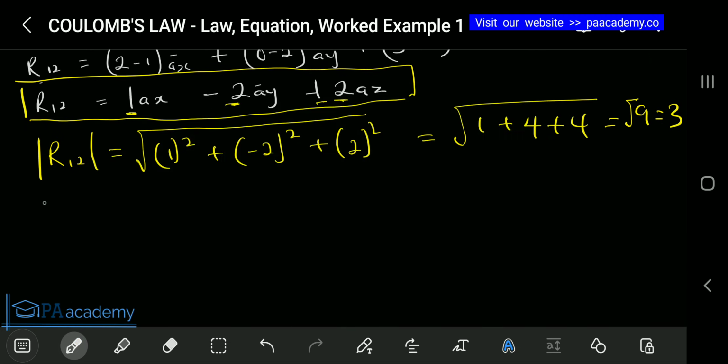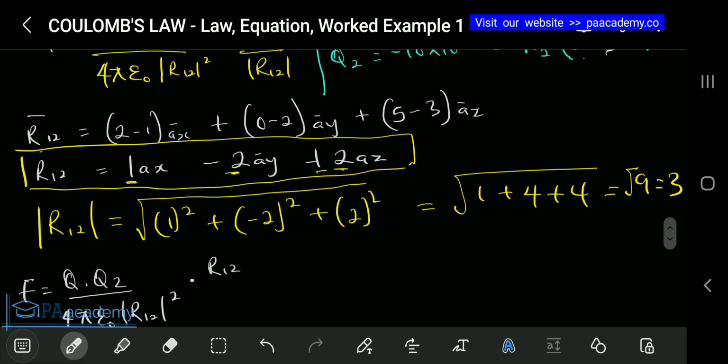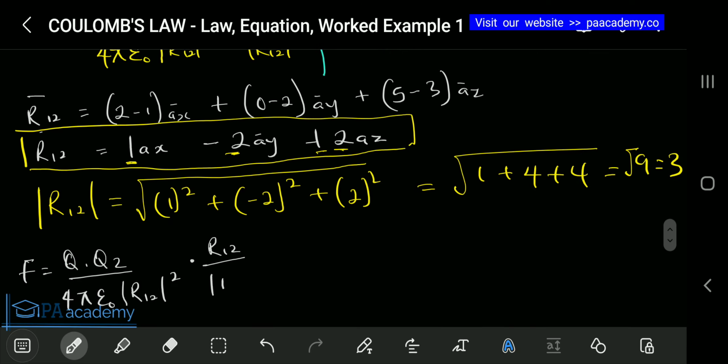So from the formula again, F is equal to Q1 Q2 over 4 pi E naught R12 square, then multiply by R12 over the magnitude R12.